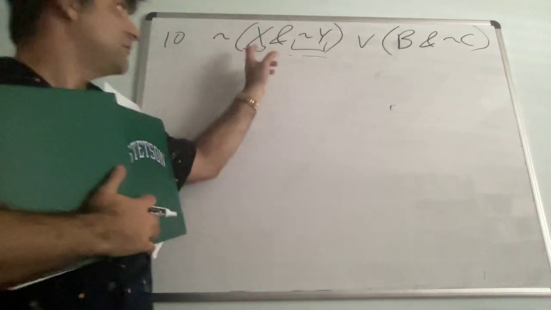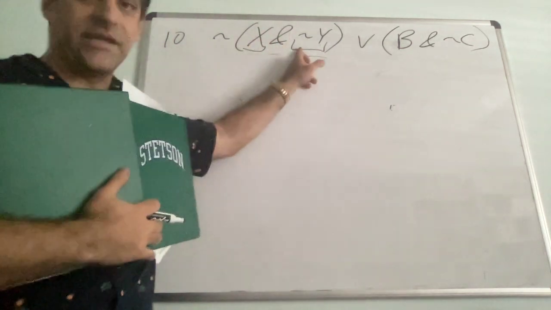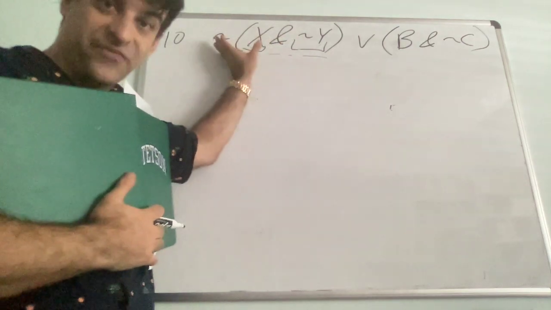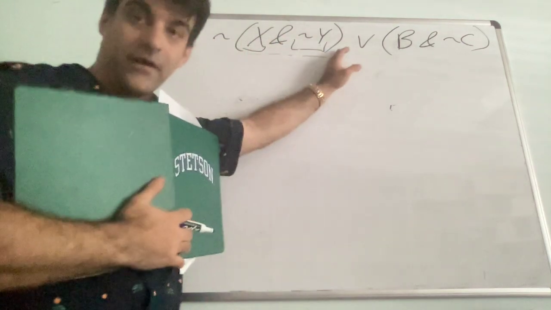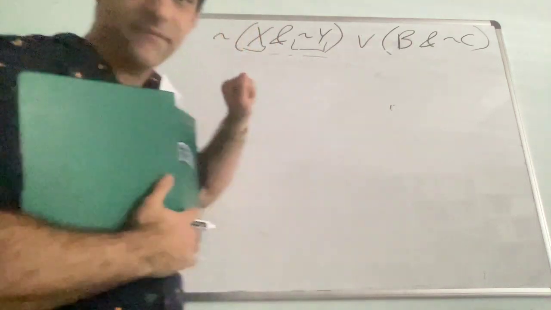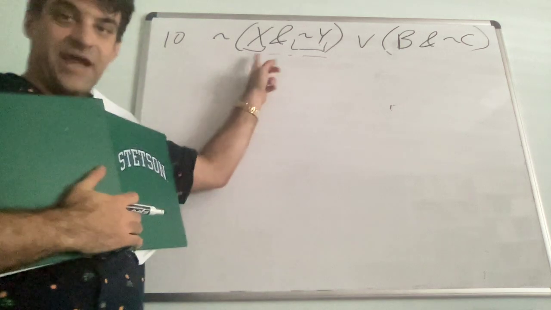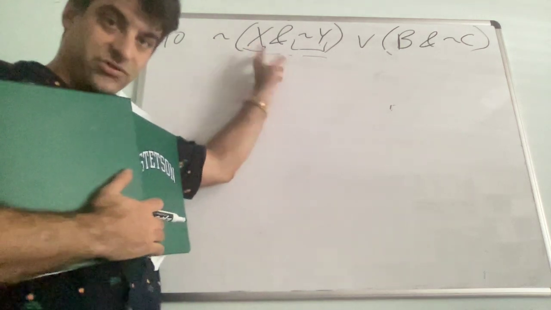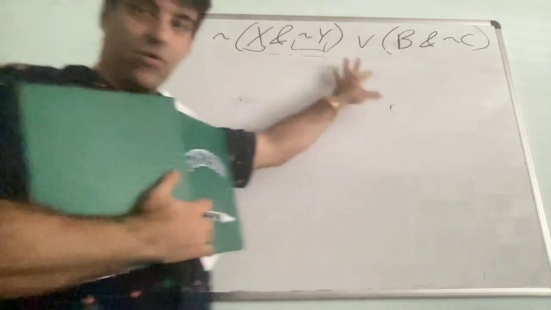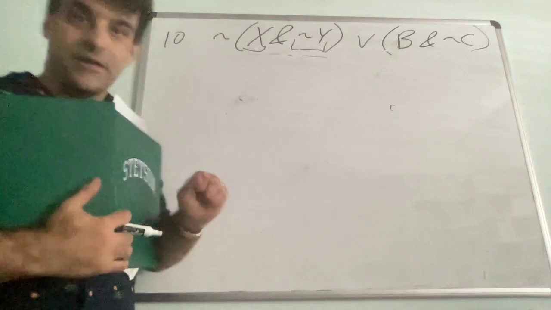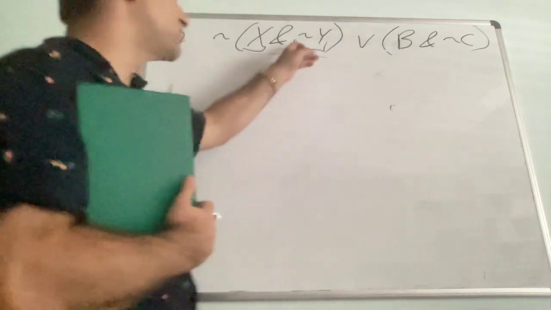So x is here and y is not; that's a false statement. Or b and not c is a true statement. Either it's not true that these two things are true, or it's true that b and not c. And so the parentheses inside just create a unit out of the letter they're next to.